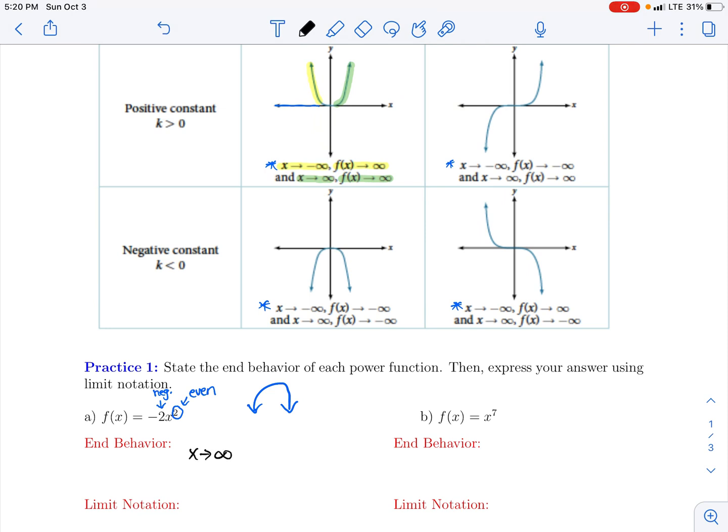As x is approaching infinity, looking to the right of the graph, is the function pointing upwards or downwards? Hopefully you would say it's pointed downwards, towards negative infinity. Now, for as x approaches negative infinity, looking to the left, I see that it's pointed downward again.